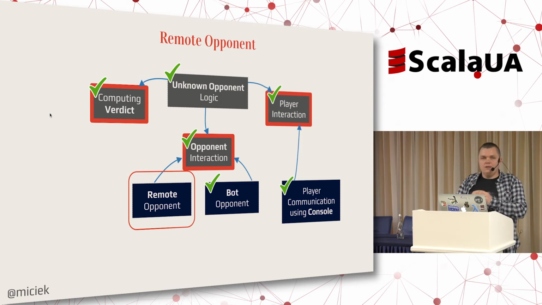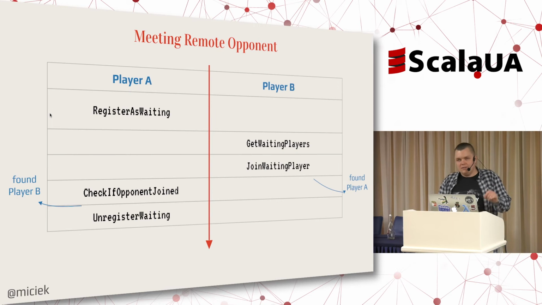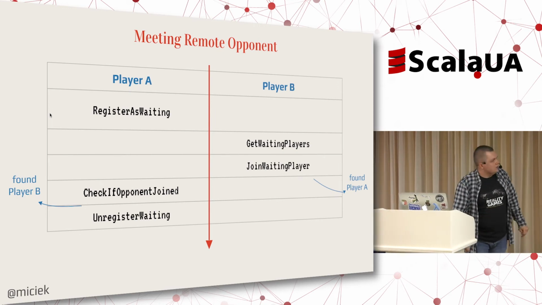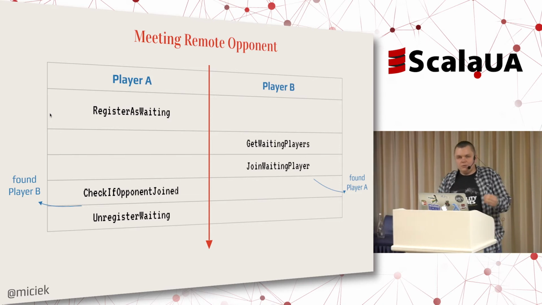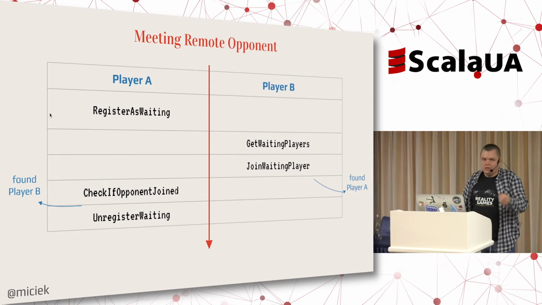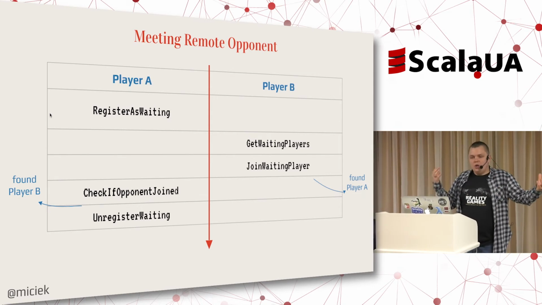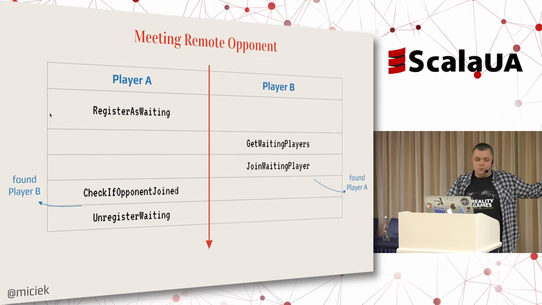First, we need to define how to connect two players over something like a network, no matter what the network looks like. So we need to first define the algorithm for this, right? How can we connect two players who don't know each other? And this is one of the approaches.